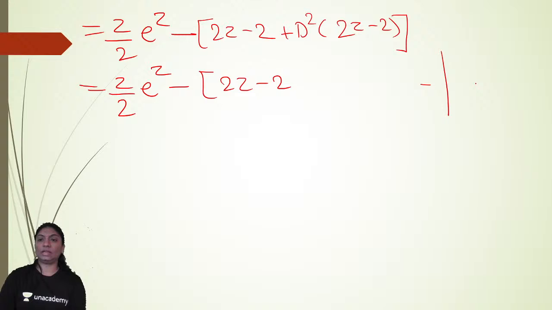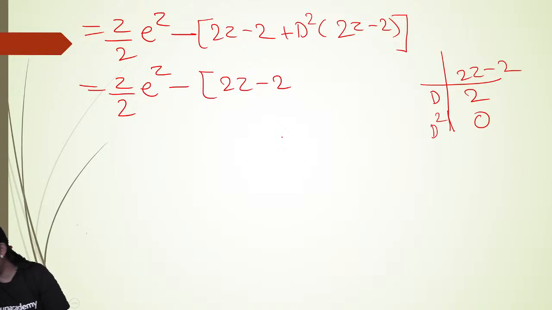So what will the first order derivative be here? Of 2z minus 2, it is 2. What will the second order derivative be? D square of this is 0. Okay. So d square of this you will get.